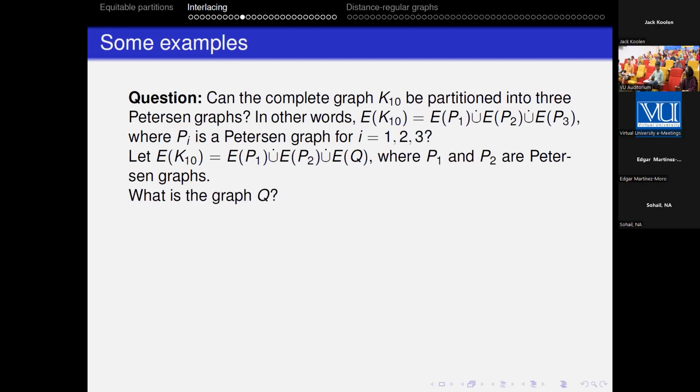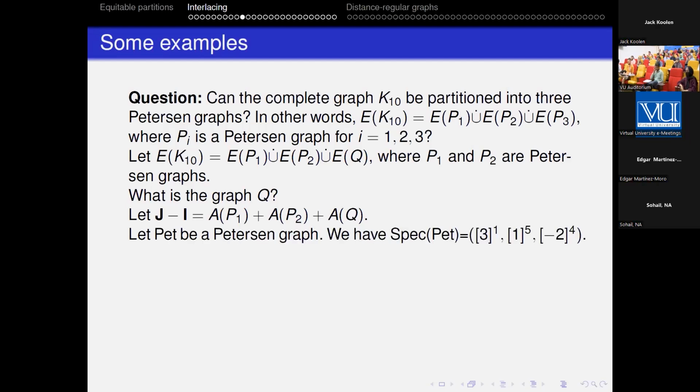So we have to figure out what is the graph Q. Yes? So we know that J minus I, that is the adjacency matrix of K10, is the adjacency matrix of P1 plus the adjacency matrix of P2, plus the adjacency matrix of Q. It's not so difficult to see, with that lemma I gave 2 days ago, that the distinct eigenvalues of the Petersen graph are 3, 1, and -2.